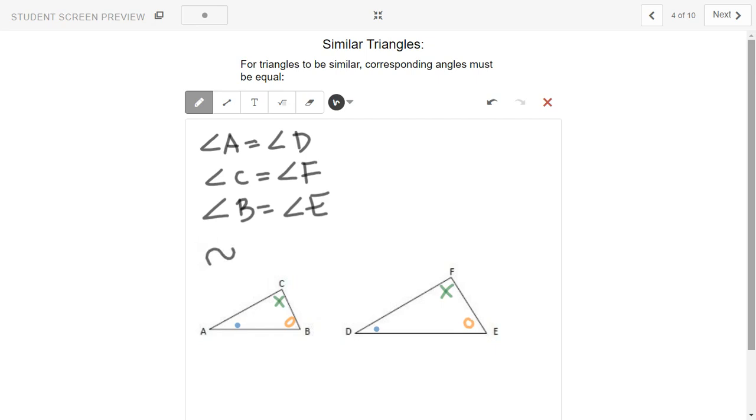We use this squiggly line as a symbol to represent similar. So I'm going to write triangle ABC is similar to triangle DEF.